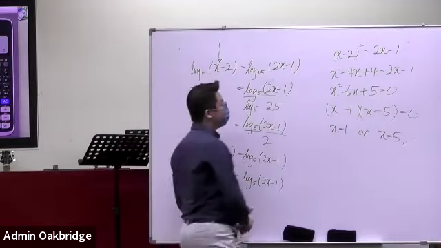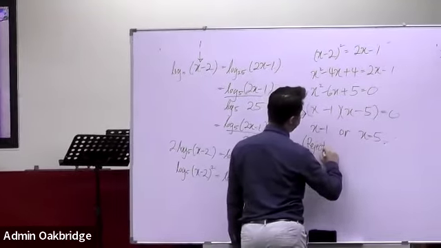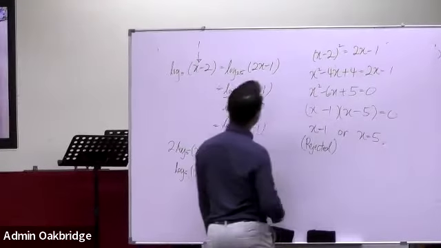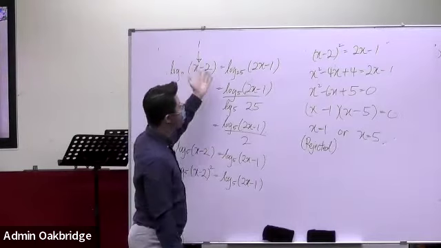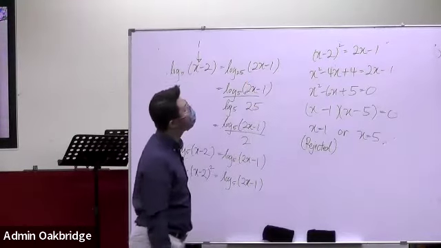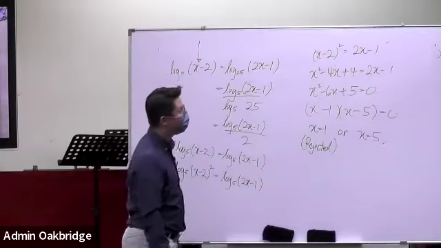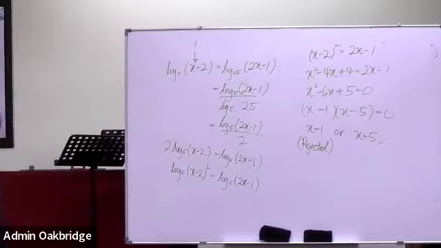So this is rejected. How about 5? 5, no problem, right? 5 minus 2 is 3, which is positive. 5 times 2 is 10, 10 minus 1 is 9. It's still positive. So we allow x equals 5. So the only answer is x equals 5. So always check for the answer.